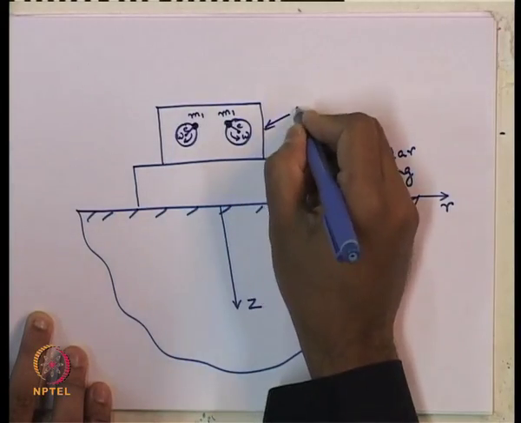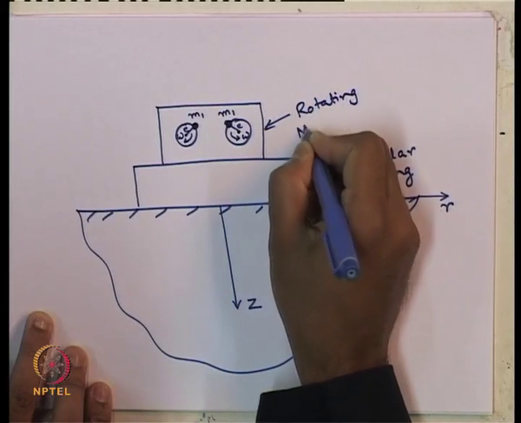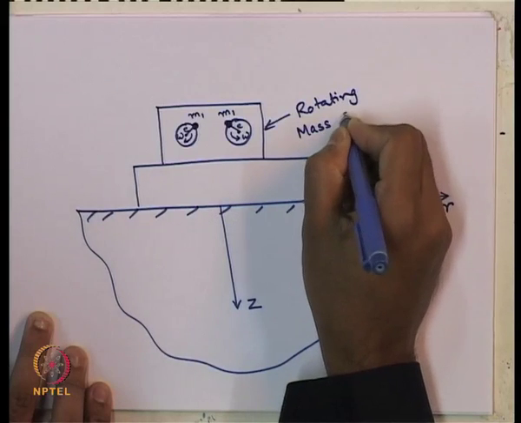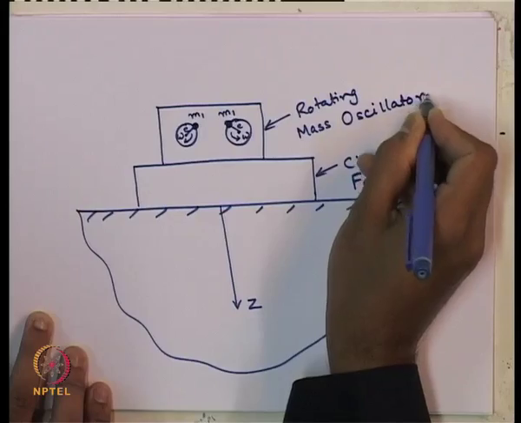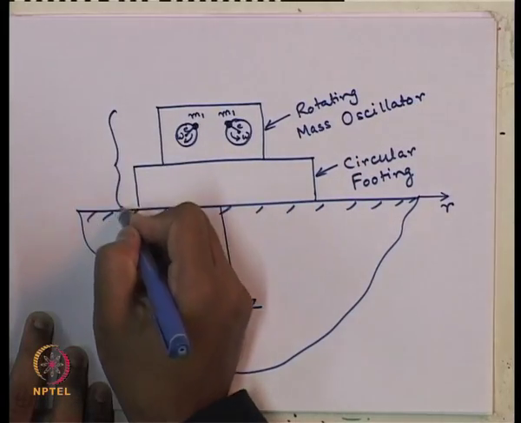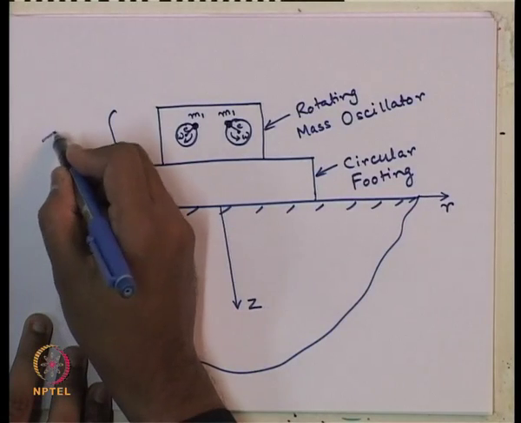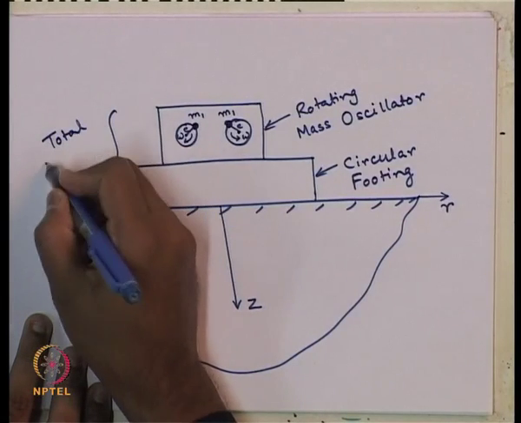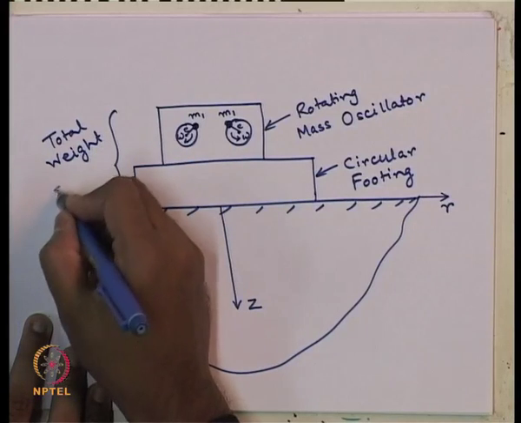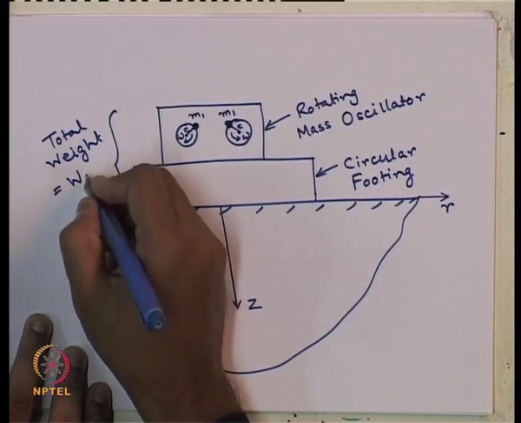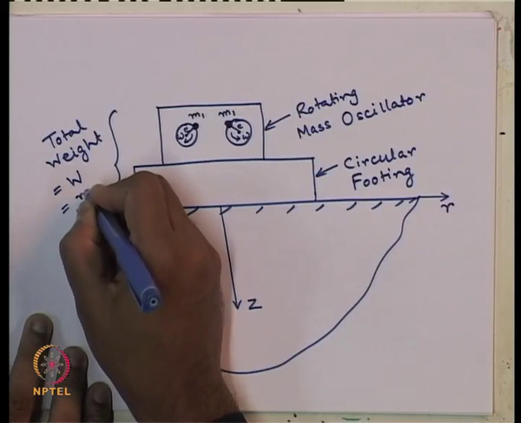So, this one is nothing but a rotating mass oscillator, and the total weight of this machine plus footing is W, which is nothing but m times g.